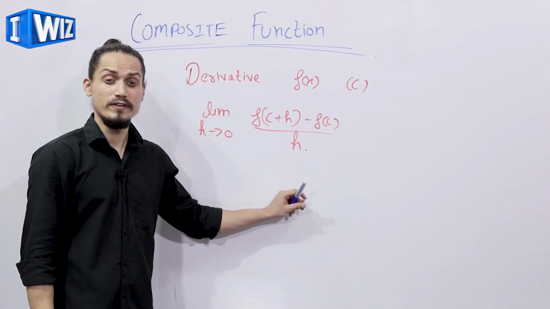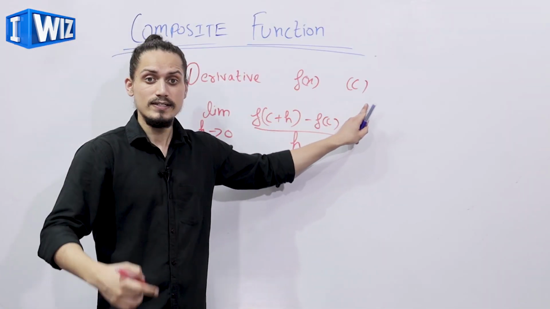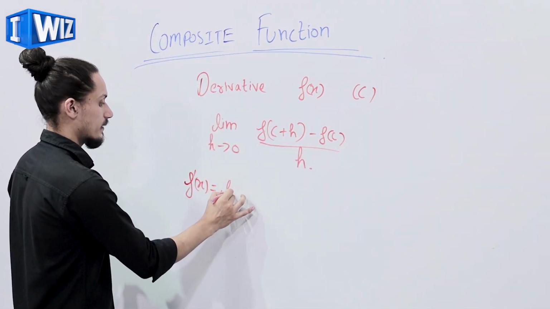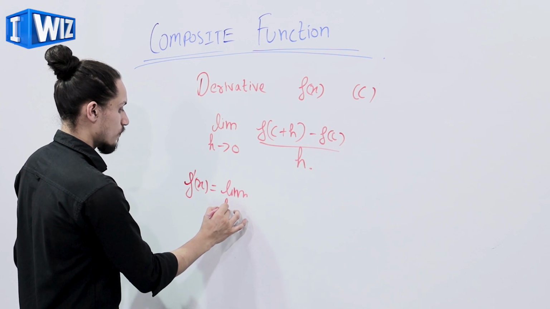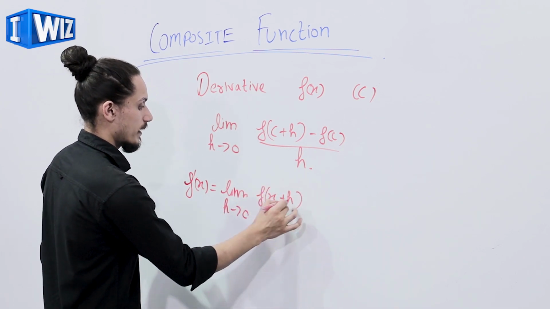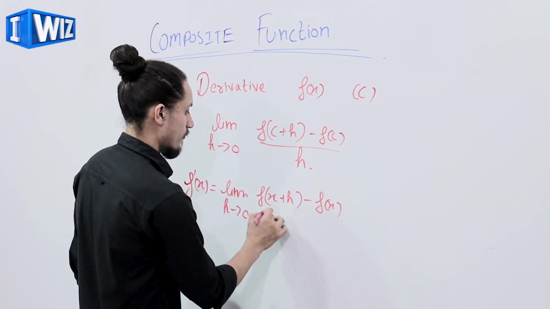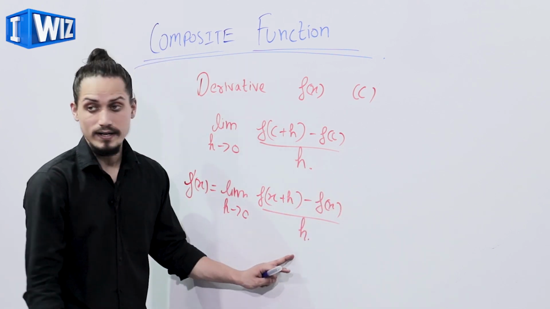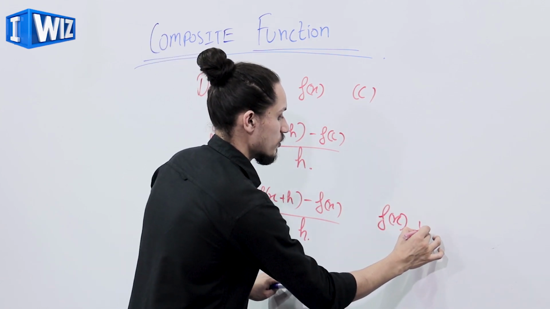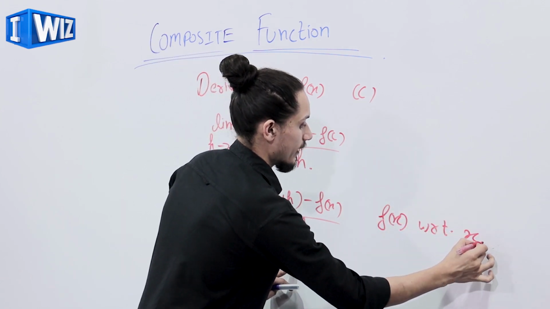And f dash x is equal to limit h approaches 0 of f of x plus h minus f of x, divided by h, which is called the derivative of the function f of x with respect to x.